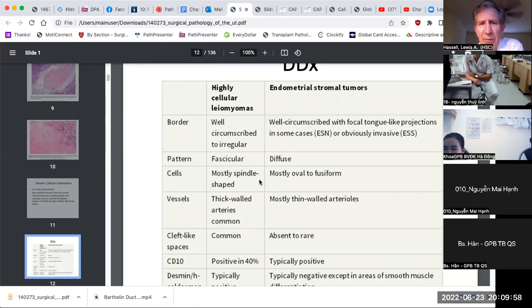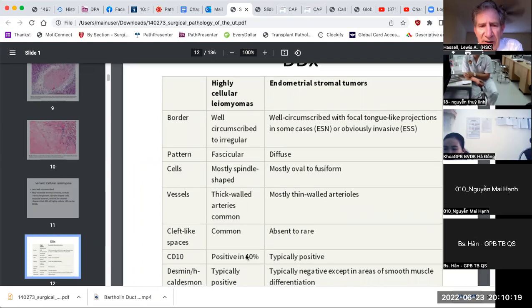The cells are a little bit different. These are more oval, more fusiform, and the vasculature can be quite different as well. Thick-walled vessels would be more frequent in leiomyomas, whereas in the stromal neoplasms, they're usually very thin-walled vessels.